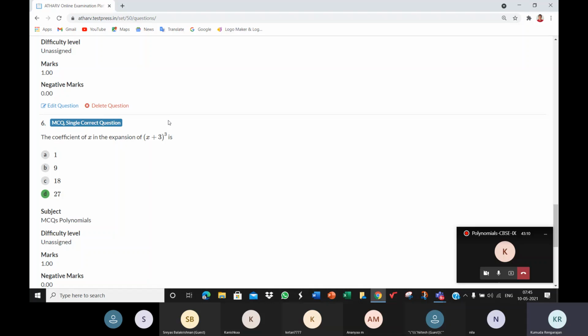That expands to a cubed, that is x the whole cubed, plus b cubed, 3 the whole cubed, plus 3a squared b, so it will be plus 3 x square into 3, plus 3ab square, so plus 3 a x into b square, 3 square. So when you expand using the identity a plus b the whole cube, you will find that the coefficient of x is 27. The coefficient of x will be 27.